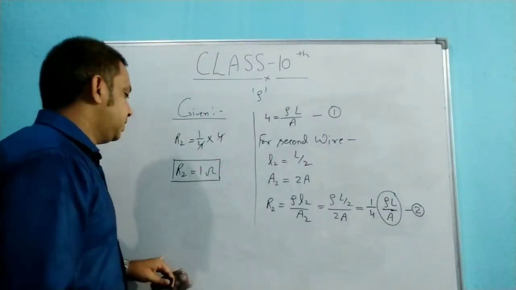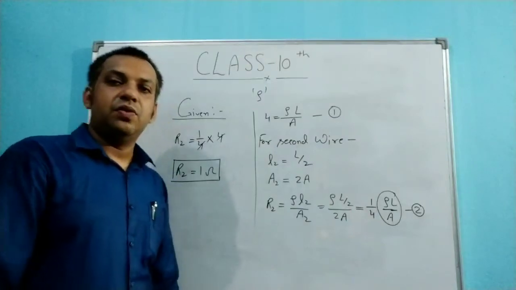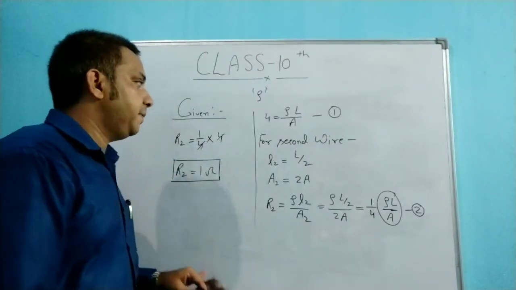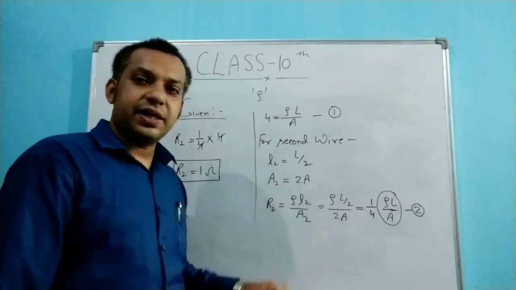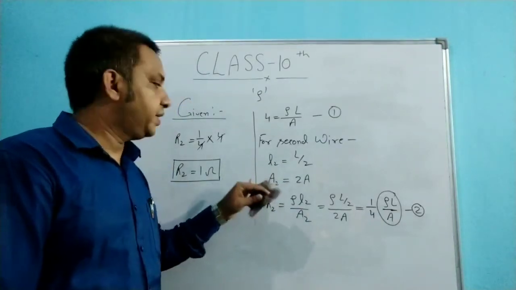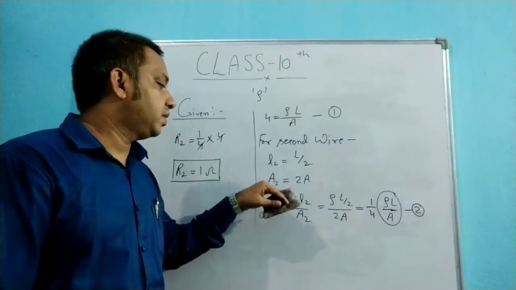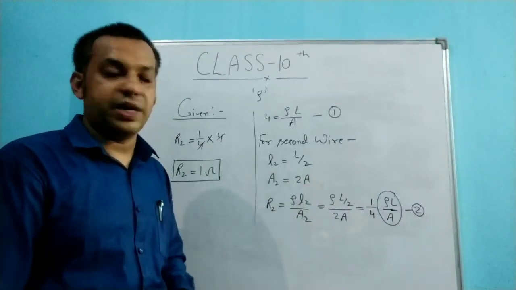So this is your answer. R2 becomes 1 ohm. Okay? So the question is quite simple. In the second case, the length decreased by half and the area of cross section increased by 2 times.